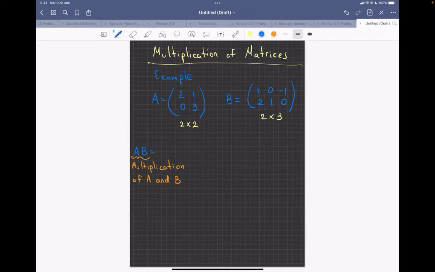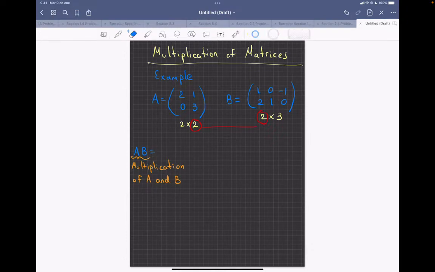So, first, the product is going to be possible only if, by the way, the order in which you make the product is important. Notice how I have here A times B. The first matrix is A, the second one is B. The product is going to be possible if the number of columns in the first matrix, the matrix A, matches the number of rows in the second matrix.